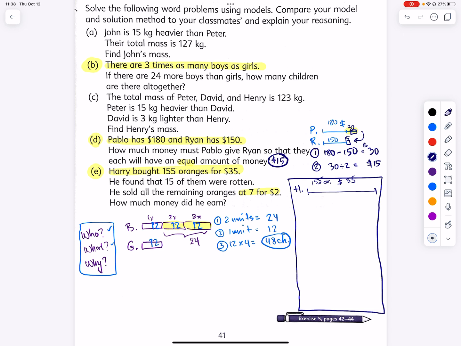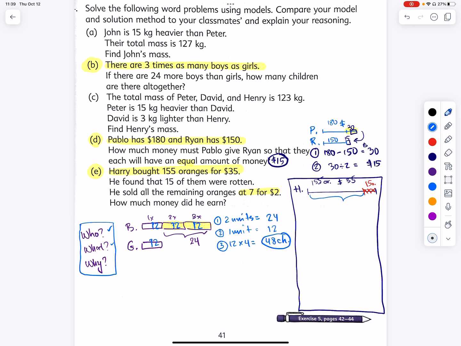$35. What happened to Harry's oranges? 15 of them were rotten. Let's get rid of a small portion. Let's label it 15 oranges. These are the rotten oranges, okay? Could he sell the rotten oranges? No, he had to throw them out. What did he do with the remaining oranges?